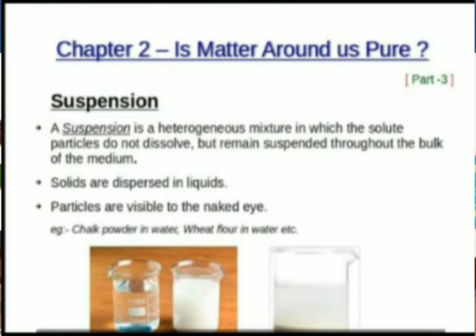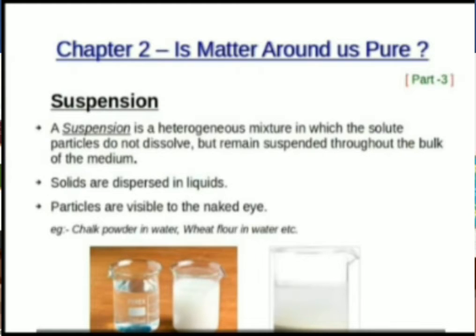Suspension. Let's start, what is suspension. We already studied that solution is a homogeneous mixture. But in the case of suspension, it is a heterogeneous mixture.